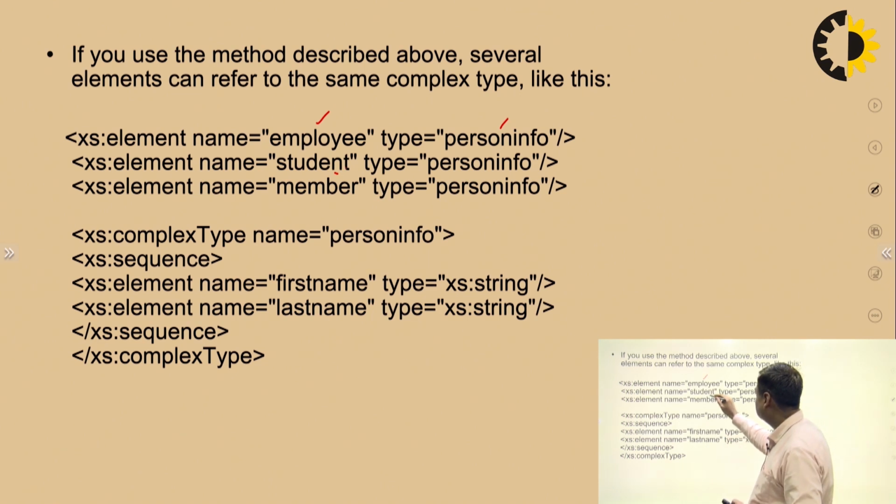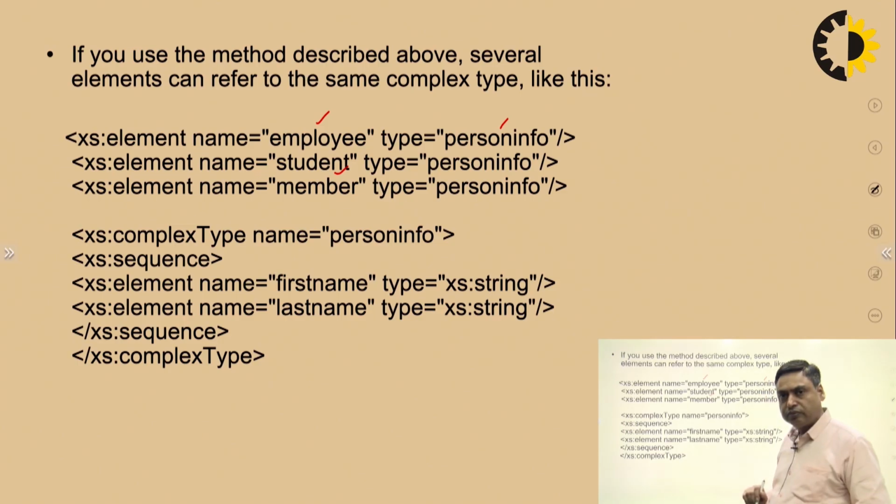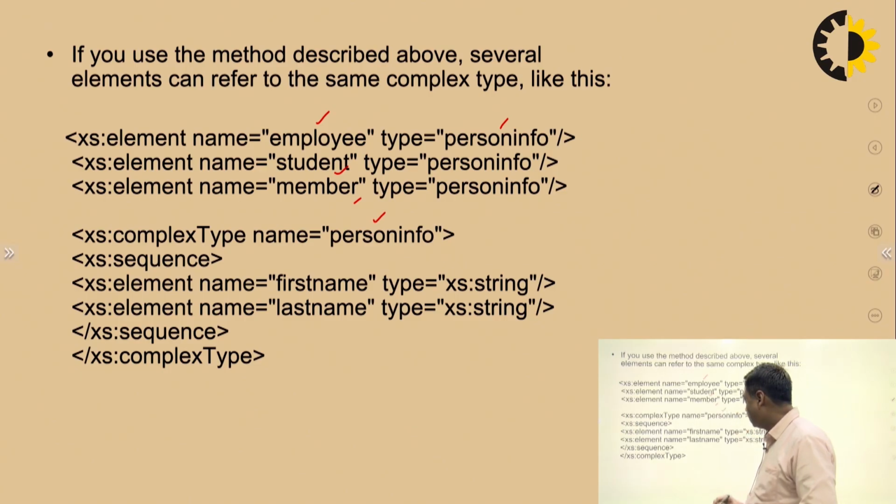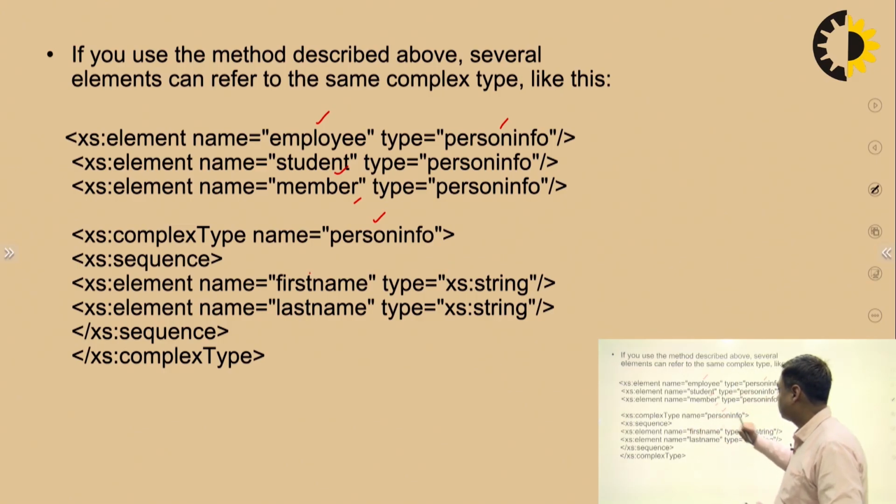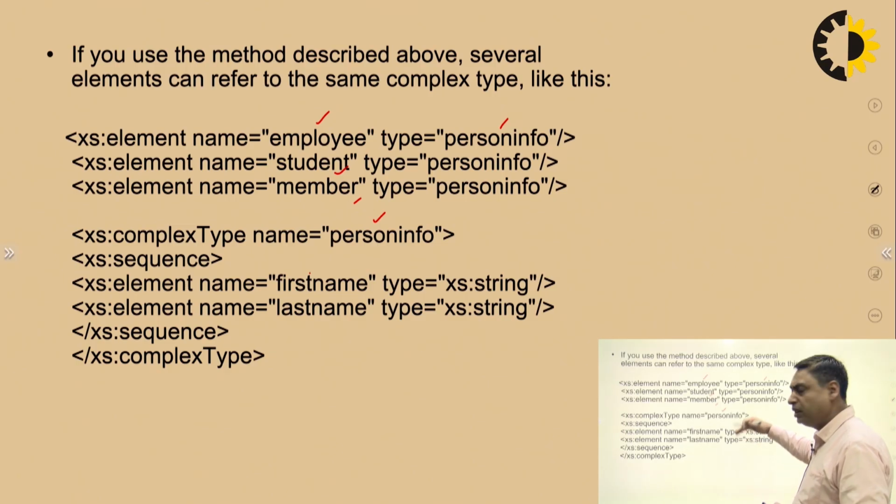So we have defined the student element, type person info. We need first name and last name in the member element also. So we have defined the member, person info, first name and last name. So person info is defined with the first name and last name as a sequence, you define it one time and then it can be used repeatedly in any other elements.